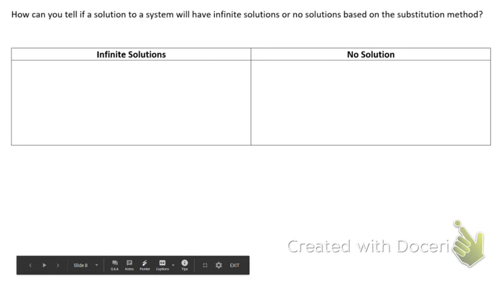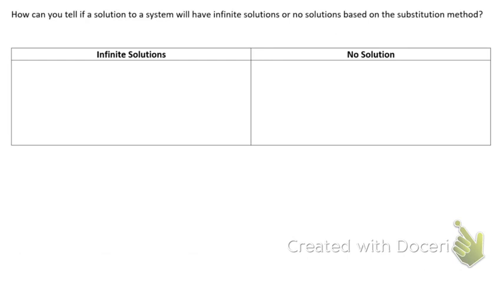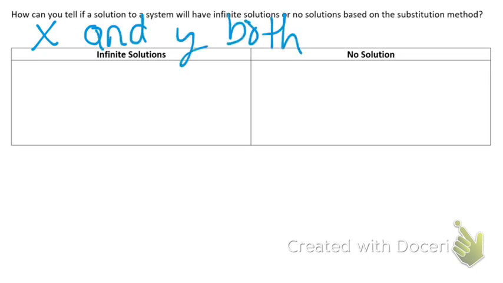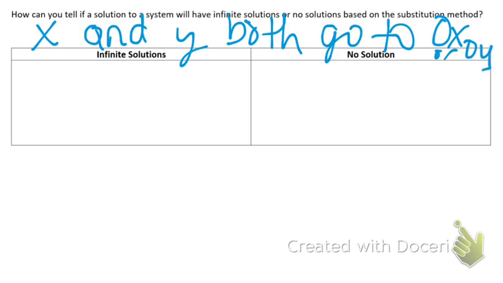Now, just like with graphs, you could have a situation where you have infinite or no solutions. In this case, when you substitute, x and y both cancel or go to 0. And so you have like 0x or 0y. If it is infinite solutions, then the statement that is left will be true.